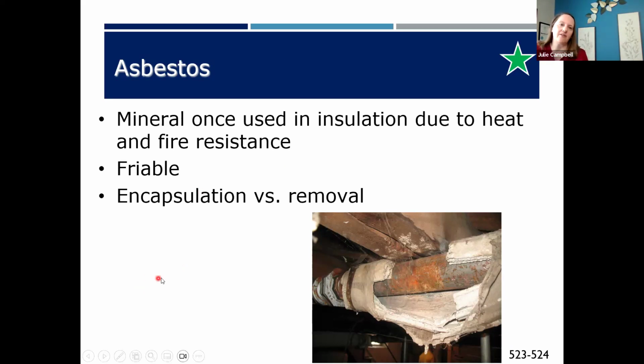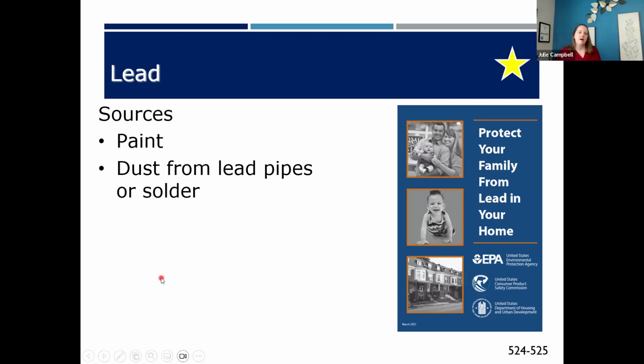Another scary thing we have out there is lead, specifically lead-based paint, or lead found in lead pipes. Maybe some of our water pipes may have lead in the pipes, or solder. Solder is the connecting agent that connects two pieces of metal together, so that could have lead as well. The concern with lead is lead poisoning.